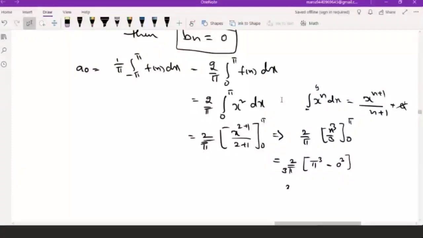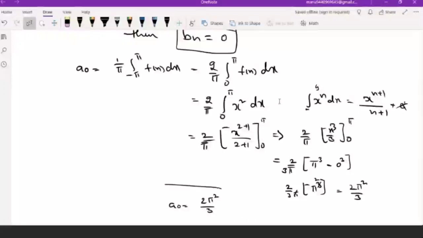So that is 2 by 3 pi times pi cube. Here pi gets cancelled, remaining 2 pi square by 3. This is our a naught value. a naught is equal to 2 pi square by 3.